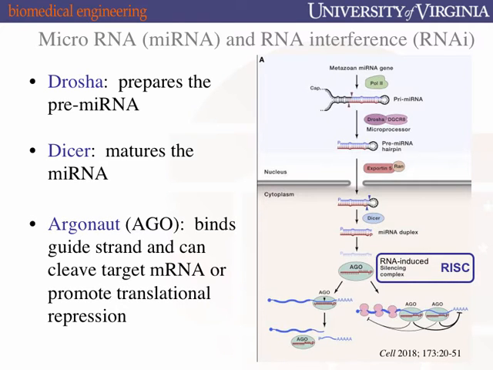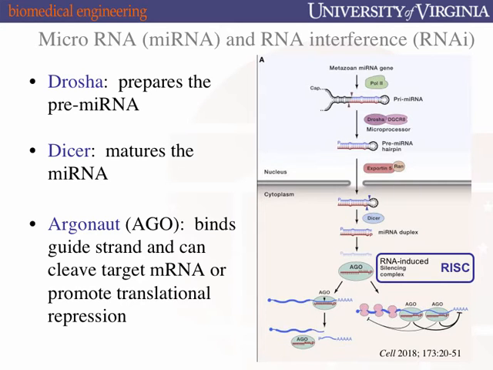And then the executor of microRNA function is another remarkable protein called Argonaute, specifically AGO2, Argonaute2, which does the business end of RNA interference. Argonaute will take this microRNA duplex.